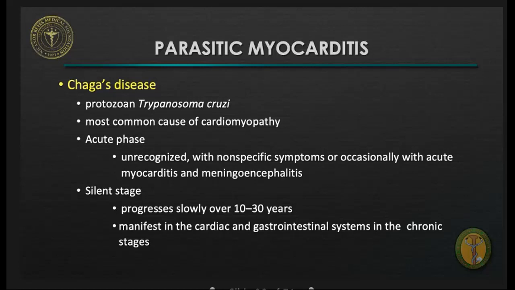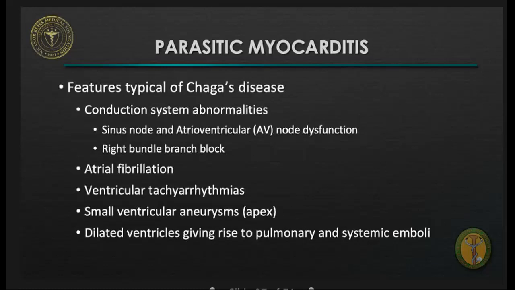So it can present in the acute phase, which is unrecognized, with non-specific symptoms, or occasionally with acute myocarditis and meningoencephalitis, or a silent stage, but progresses slowly over 10 to 30 years. This manifests in the cardiac and gastrointestinal system in the chronic stages. So, conduction system abnormalities are very common: AV node dysfunction as well as sinus node dysfunction.